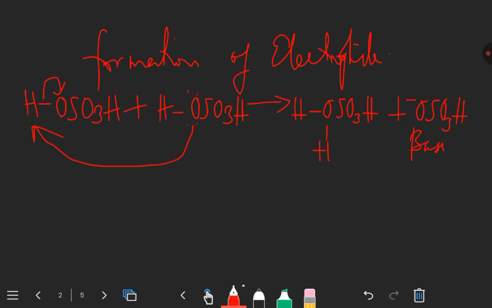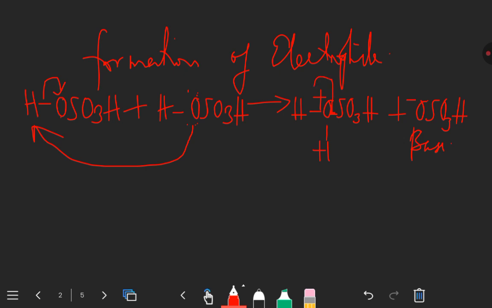And at this point now, you can see that this is actually water, and because oxygen is bonded to three things, it should have a positive charge. Then this water can leave.